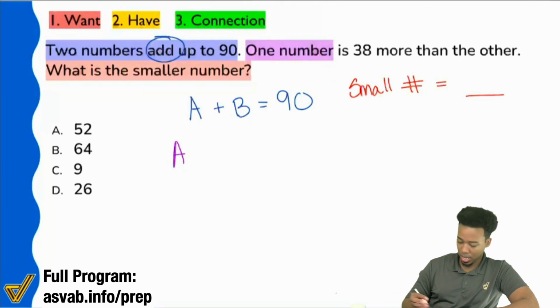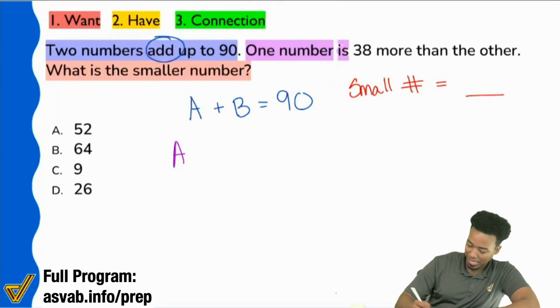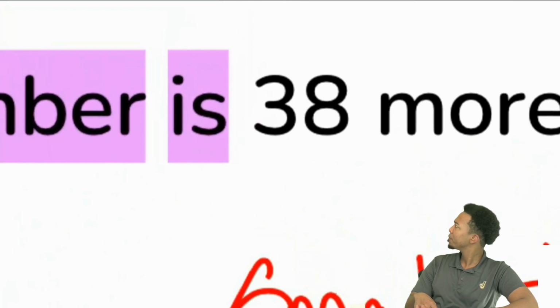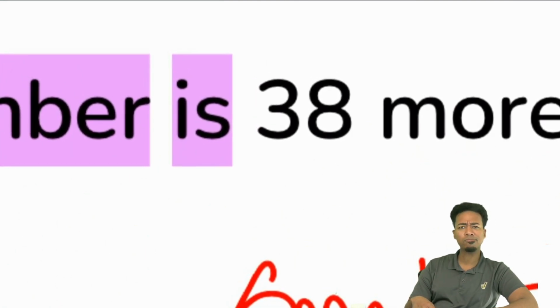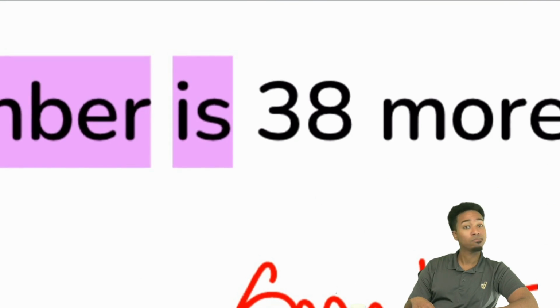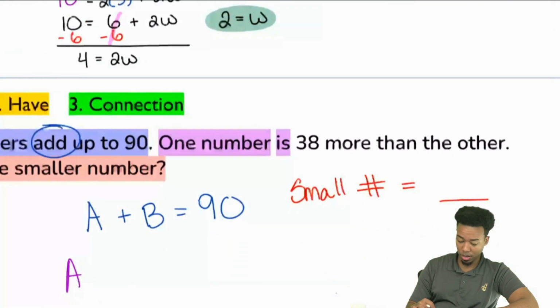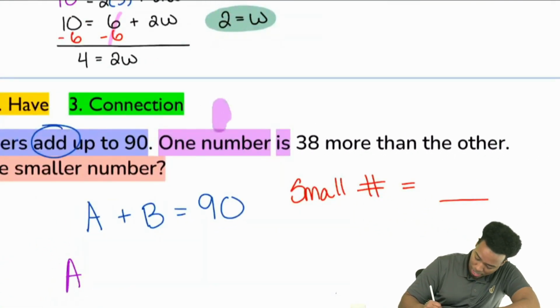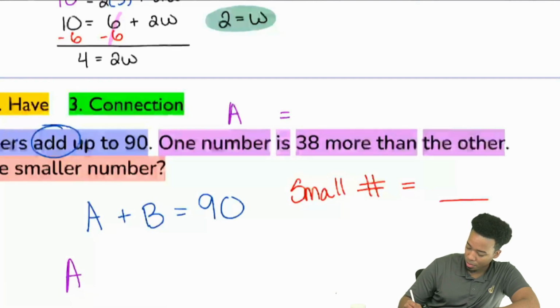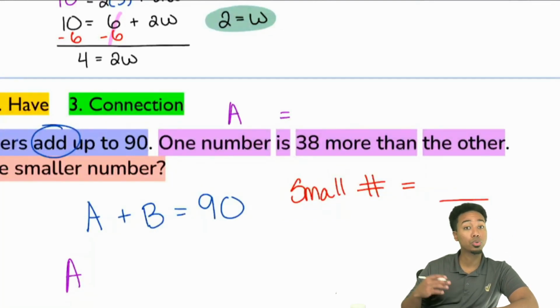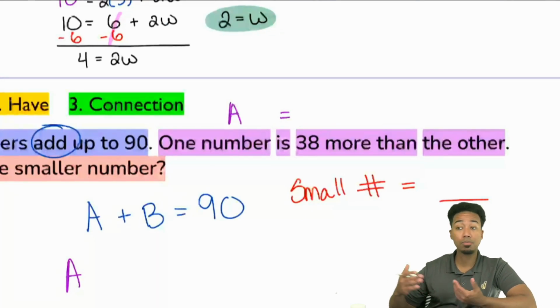And then it says the word is. Everyone, in math, what does the word is translate to? Equals. Okay, so I can say that one number, like I said, A, equals, then it says 38 more than the other number. So is it true that that would translate to 38 more than the other? So that would be B plus 38.